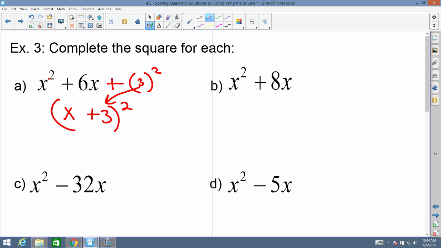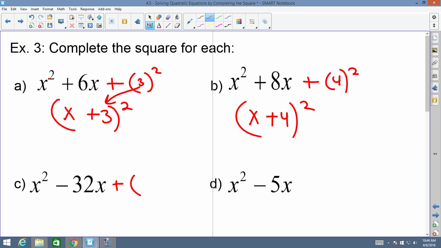Done. This is x squared plus 8x plus b over 2 squared. So 4 squared. So this is x plus 4 squared. This is x squared minus 32x plus b, which is negative 32 over 2 squared, is negative 16 squared. So this is going to be x, take the inside, negative 16 squared.